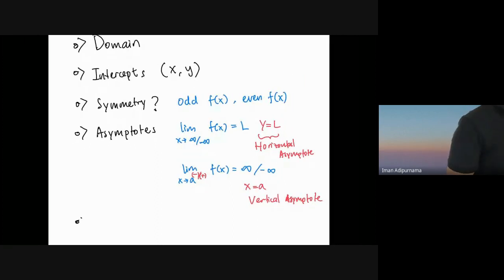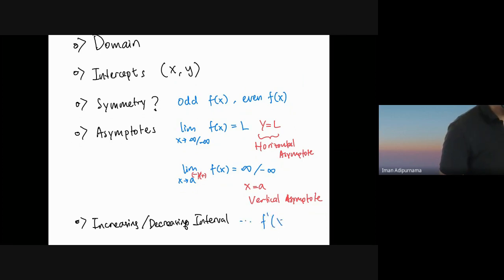And then check the increasing or decreasing intervals. We know this from the first derivative: check the slope, which slope is negative and which is positive.